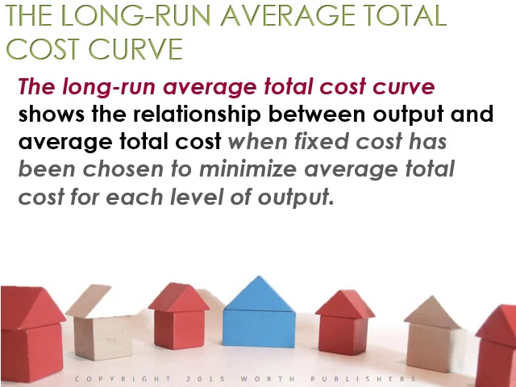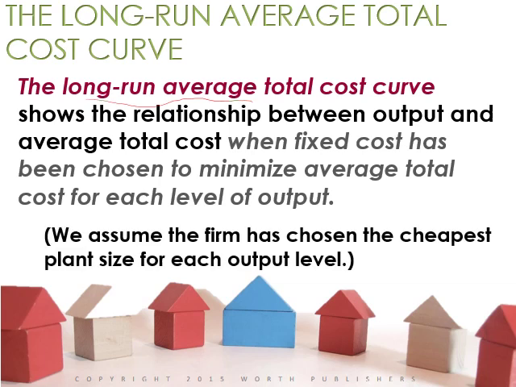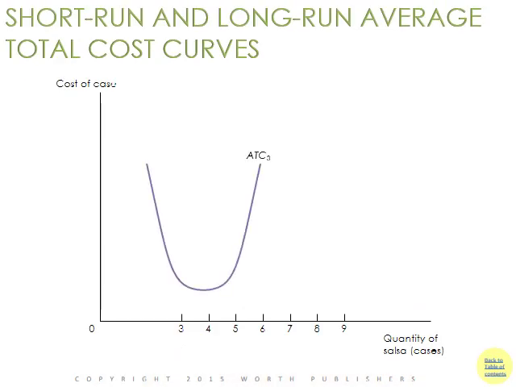So when we derive a long-run average total cost curve, essentially the long-run average total cost curve is going to be the envelope of those short-run average total cost curves that assume the optimal plant size. So if we look at a graph of this, we'll see. Now this is our cost structure for plant size 3.